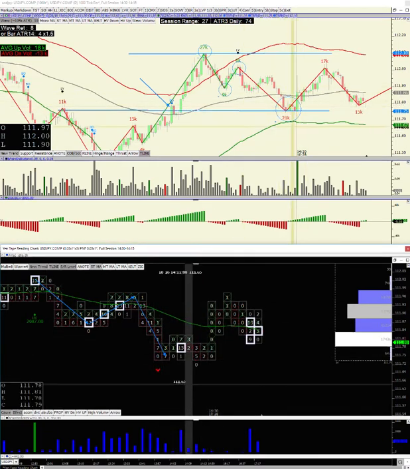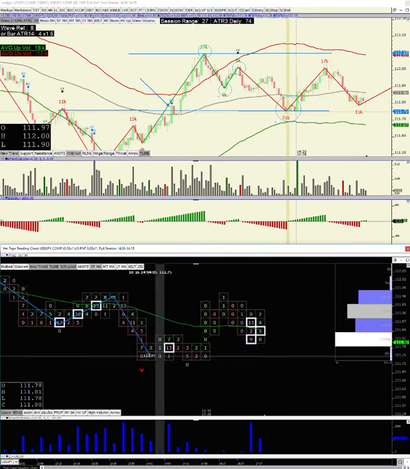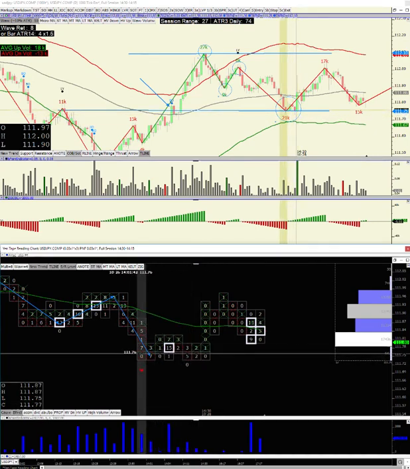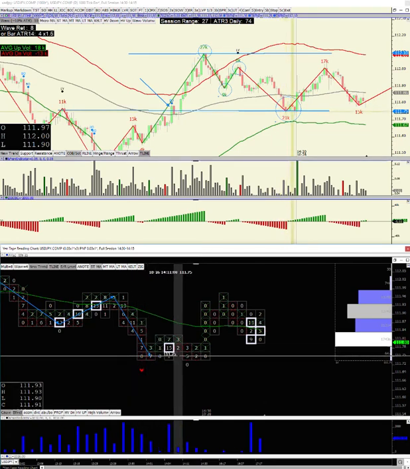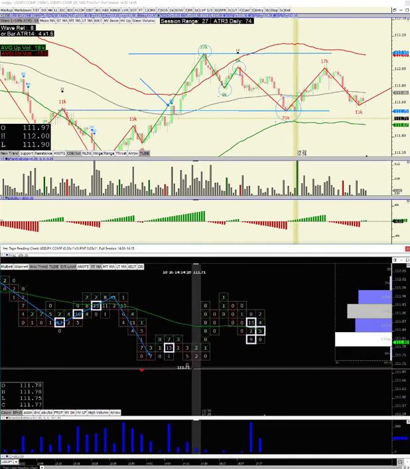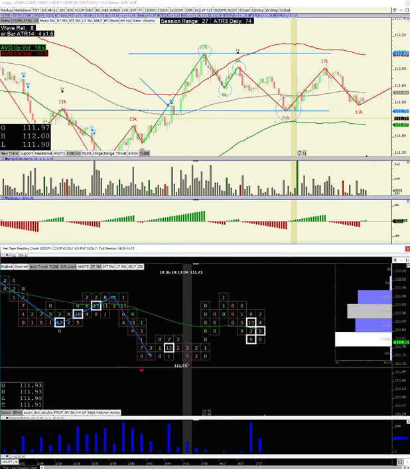In that circle, we see that as price went down, it formed a little base. Not only did it form a little base, it dipped below that area with no volume. That's why I have a zero there. You see that zero? That's an important indication that when it went down there, it didn't find any volume.